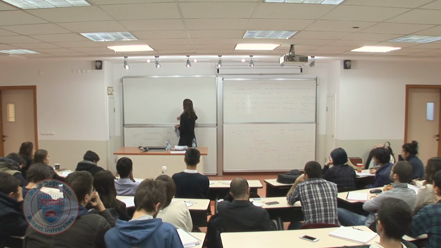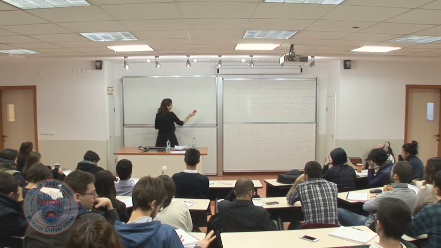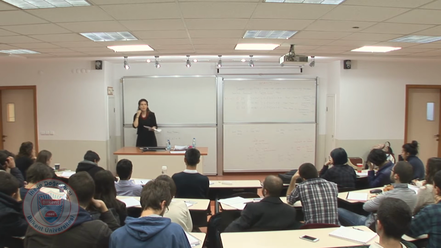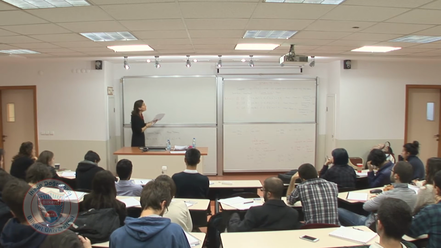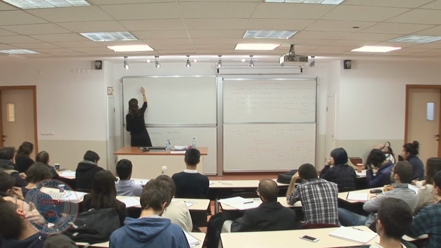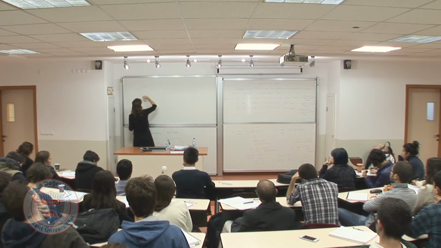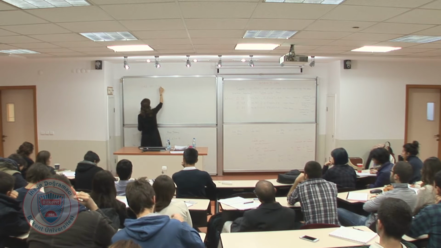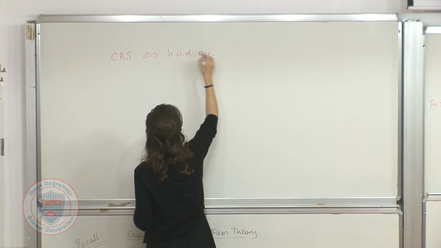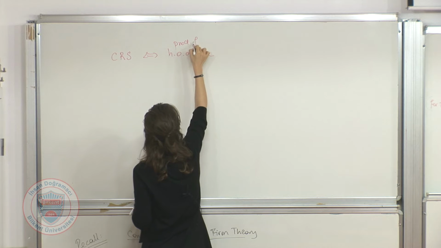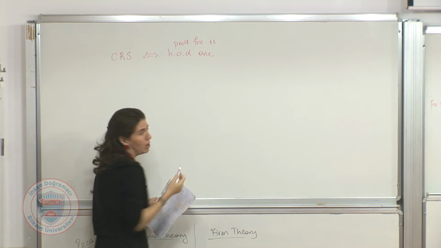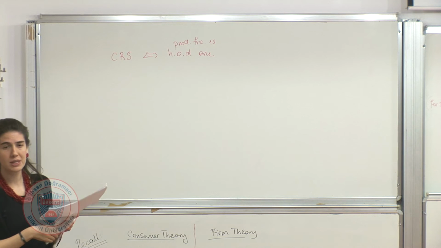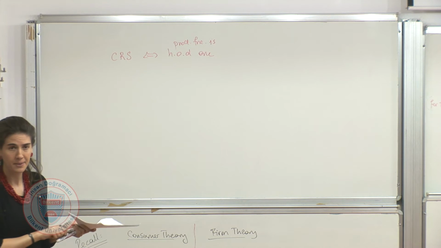But you guys told me immediately that, hocam, this is related to homogeneity, right? So when there is constant returns to scale, this is equivalent to saying that the production function is homogeneous of degree 1, right? Then if there's constant returns to scale, what else can I say?